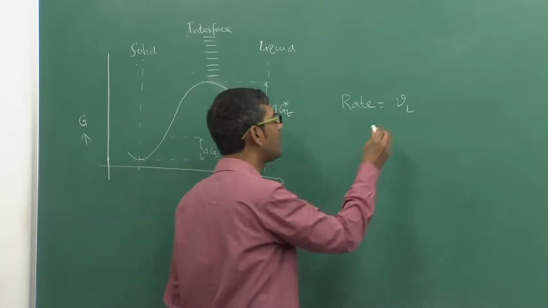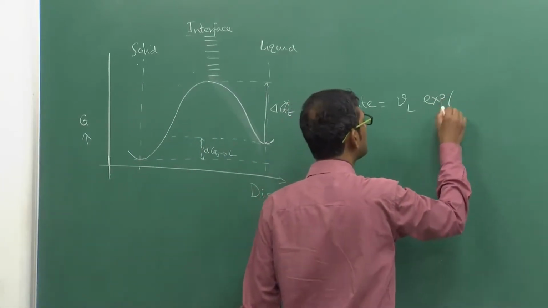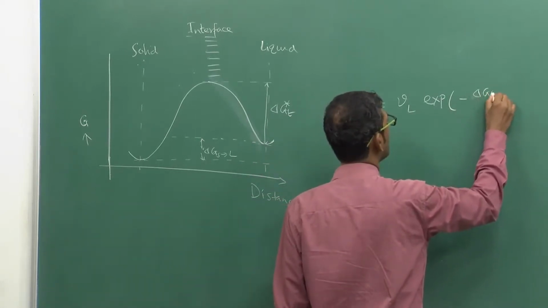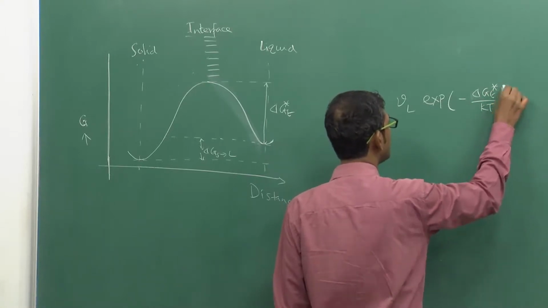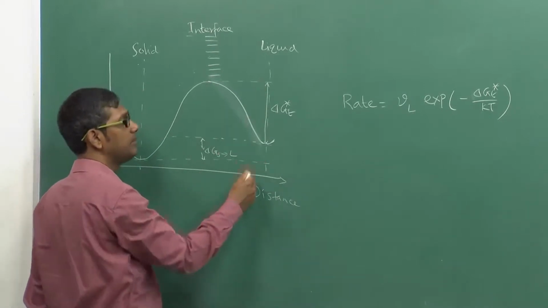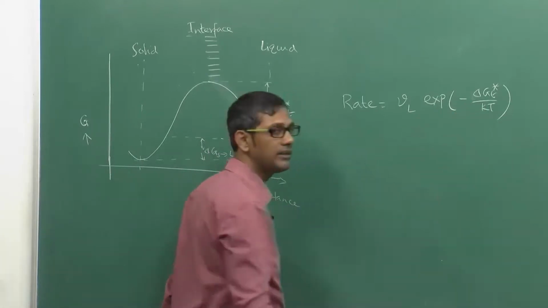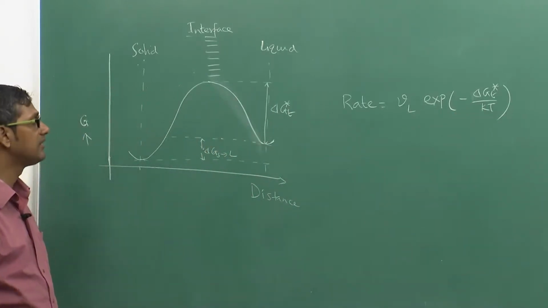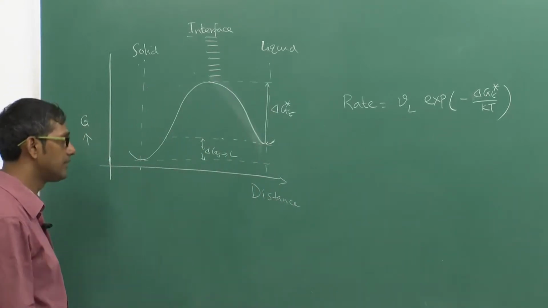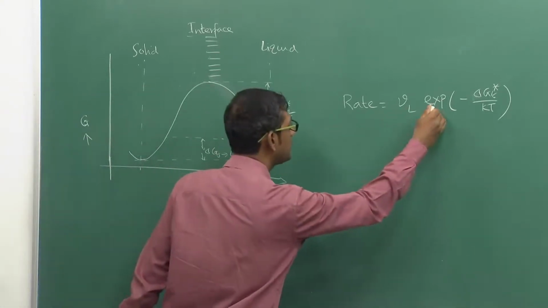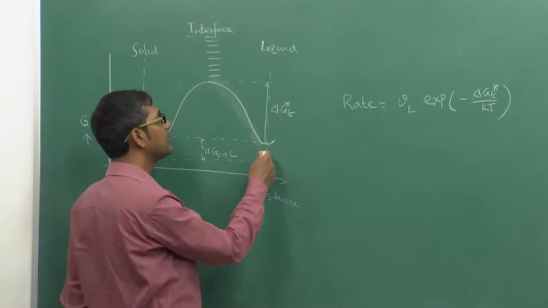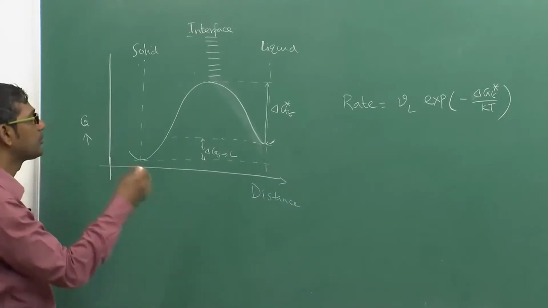Let us suppose this is mu L multiplied by e to the power of minus delta G star by kT, where delta G star is the transport barrier height per atom, divided by the thermal energy per atom, kT. This gives you the rate, because it is related to the frequency of jumps and the probability that atoms can cross the barrier. All atoms may not have sufficient energy to cross this height. Some atoms will, some will not.